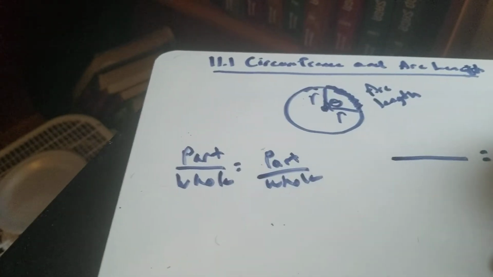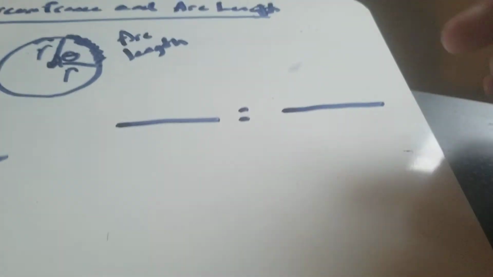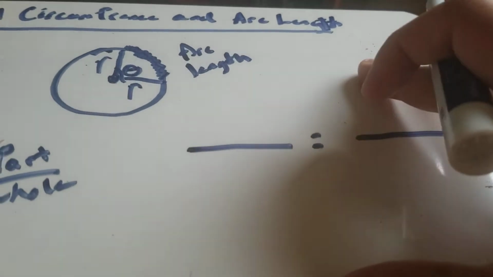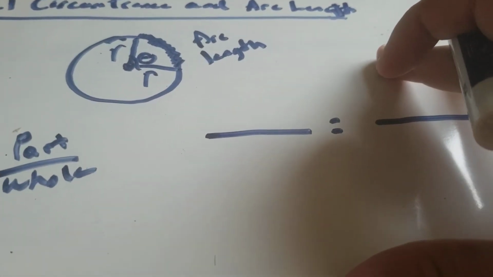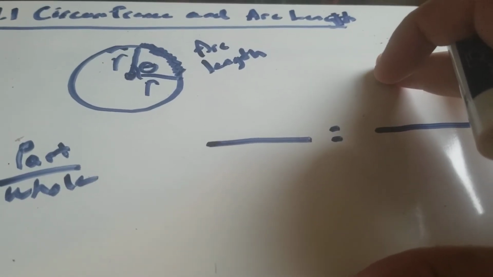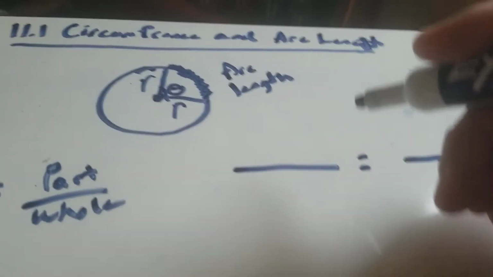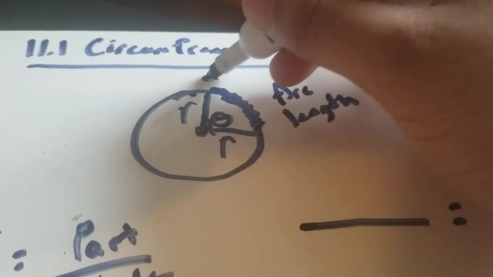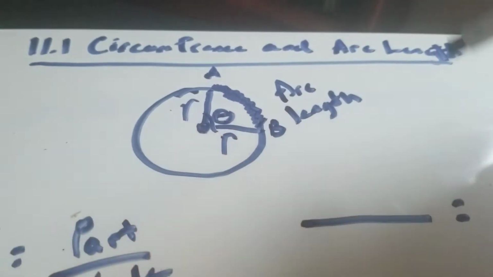So what is part, what is whole? We're going to do the first fraction, which is here, and we're making the equation. After you make the equation, you could just keep it in your notebooks and use it as reference. The equation is simply this. Let me get some variables here. Let's call this A. Let's call this B.